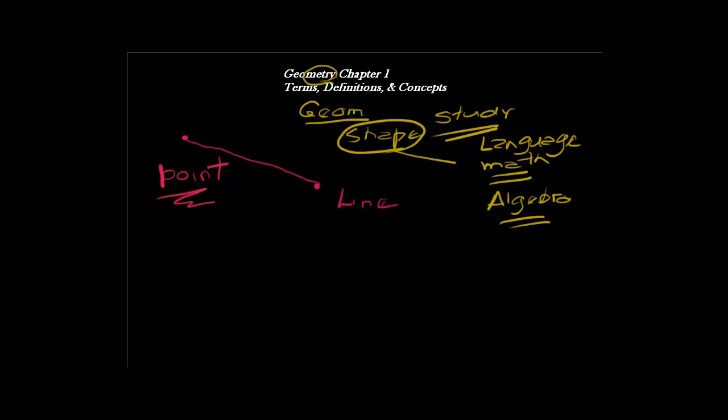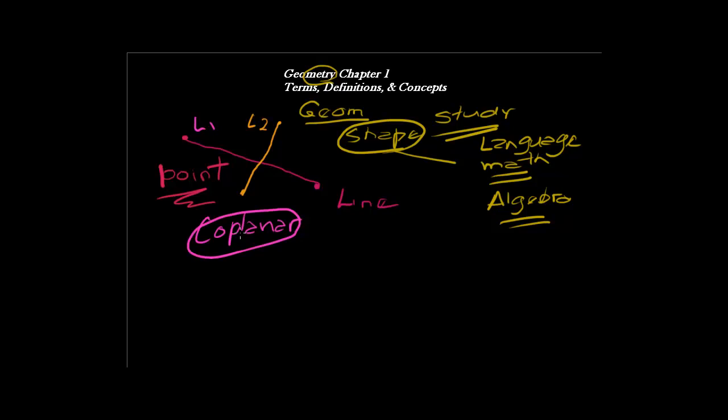We could make two other points here and connect those two. If these two lines, line 1 and line 2, are all in the same plane, then we can say that they are coplanar. I'll get to planes in a second.